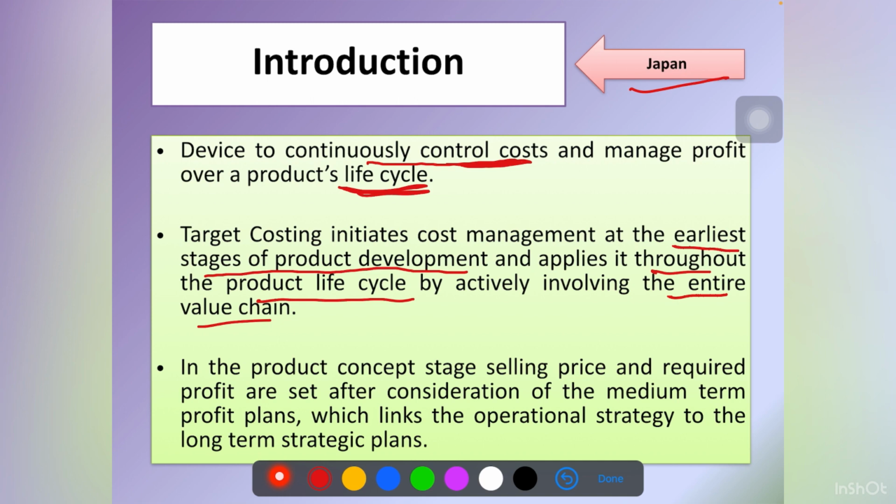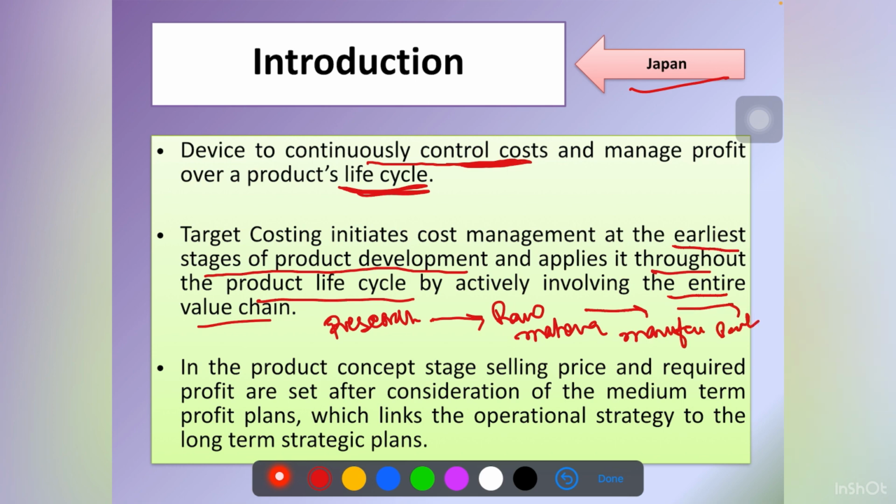This means from when we do the research about the product, then we purchase the raw material, then manufacturing, packing, and finally selling it to the customers. This entire process is known as the life cycle of any product, and at every stage the company tries to control the cost so that the overall cost of the product reduces.